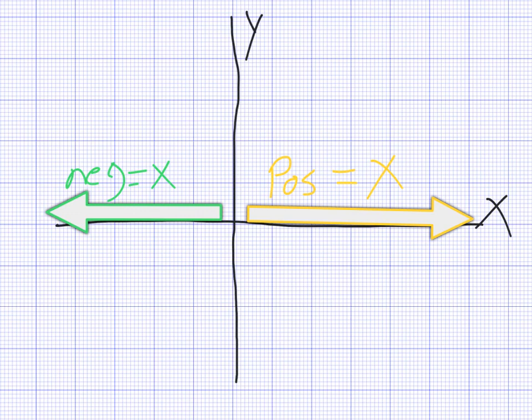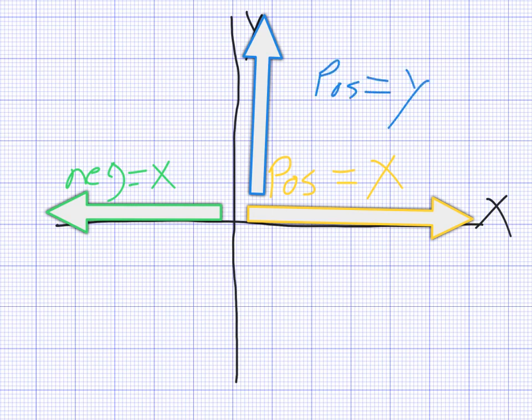In the same way, if it goes up, that's considered positive in the y. And so we would write that as positive in the y. Or if it goes down, you can see that it's actually negative.